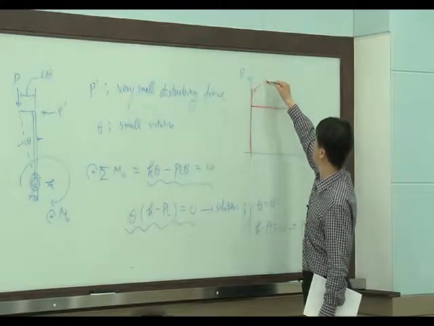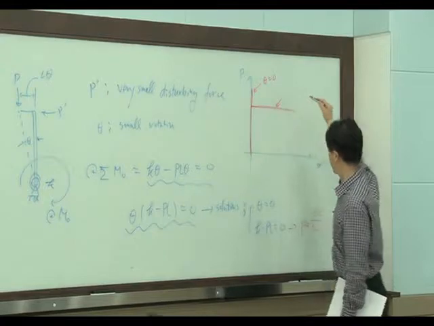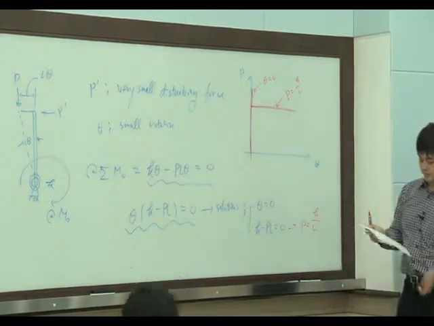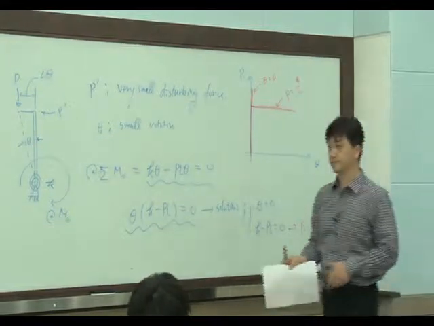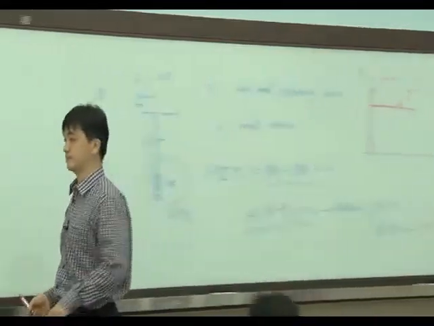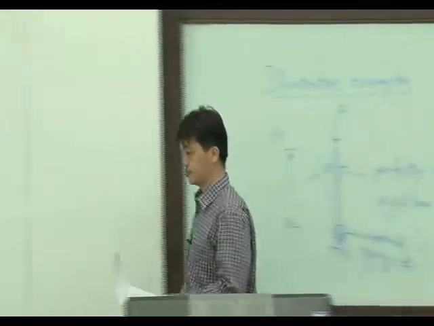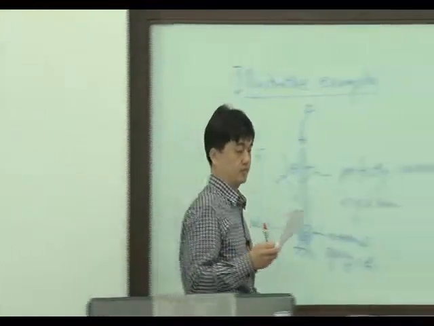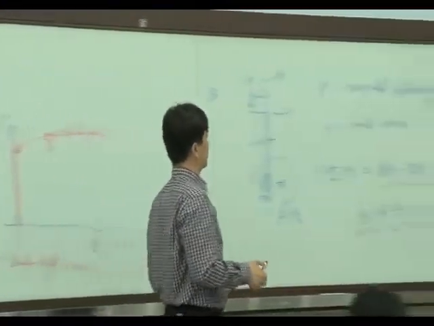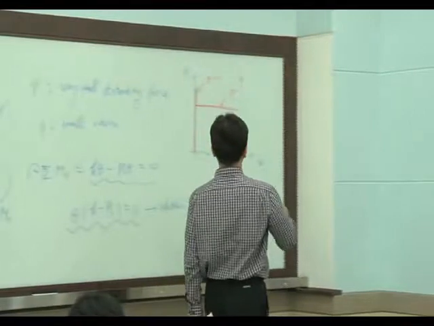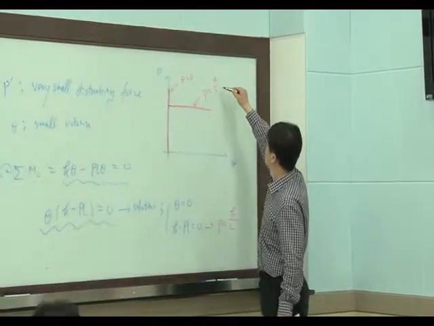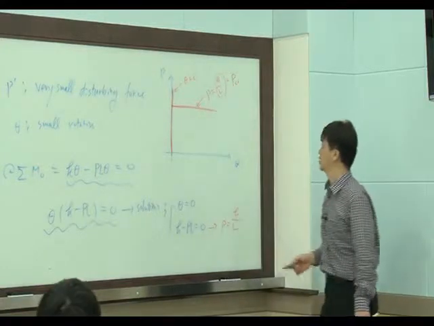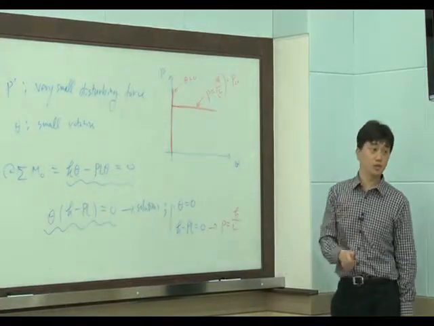This is theta equals 0. Second solution, P equals K over L. We are saying this is a critical load, PCR.